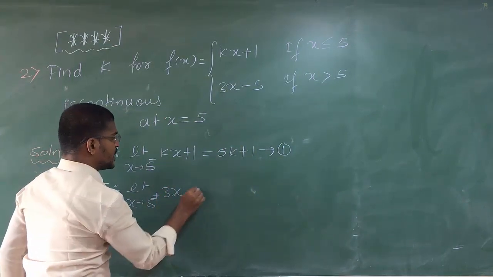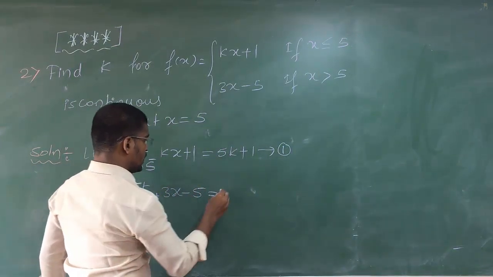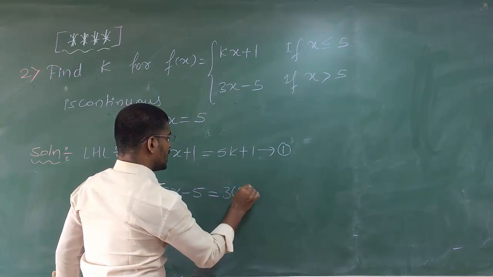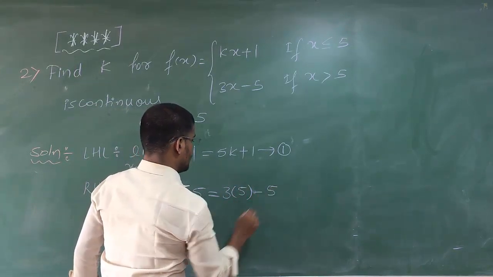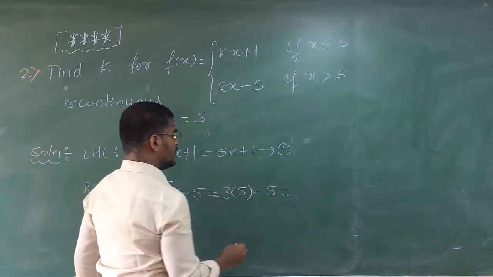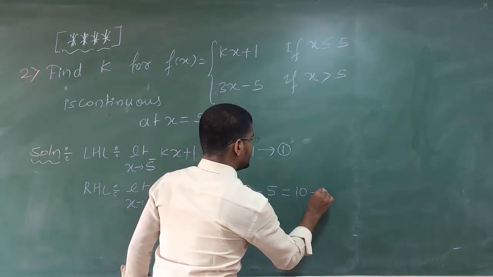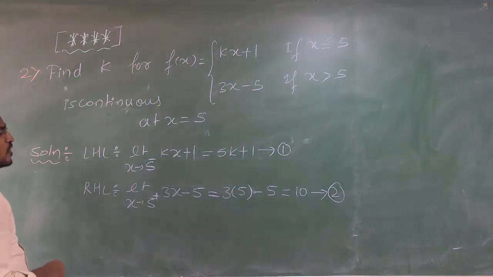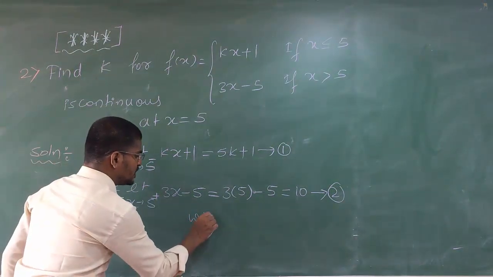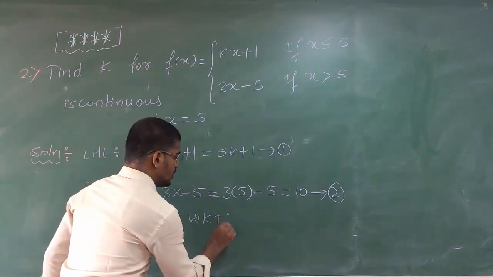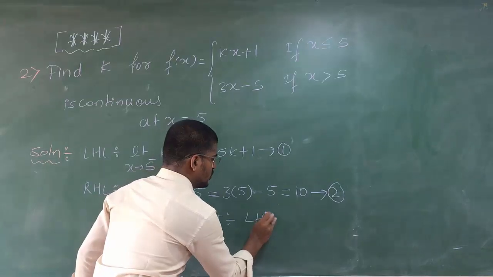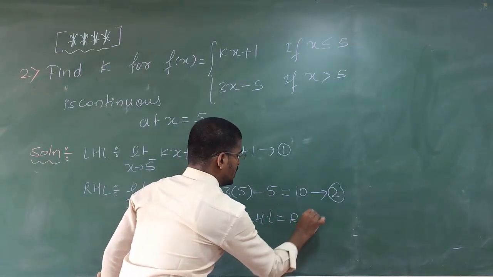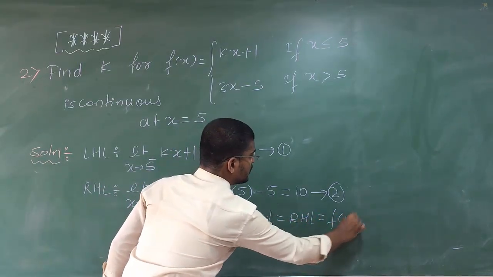3x minus 5. So that is equal to 3 into 5 minus 5. That means equal to 10. This is your second equation. Clear? We know that from the continuity definition, LHL is equal to RHL is equal to f of a.